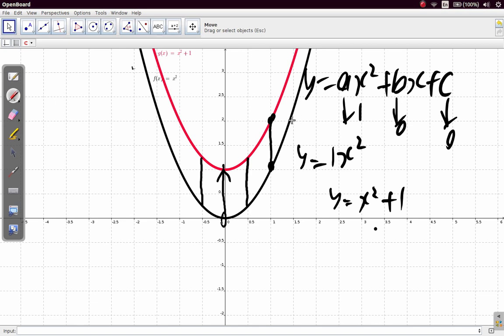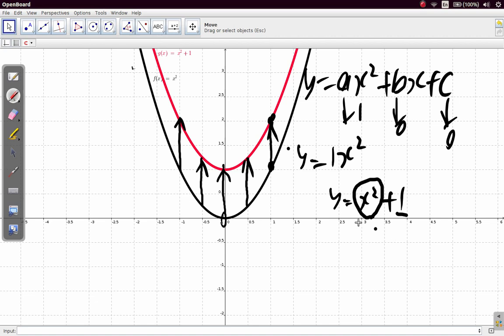So you can see that. Every point is moved up by 1 unit. So you have a translation upwards of 1 unit. Alright? So that's what happens with y equals x squared plus 1. It's x squared, and then you add 1 to it.